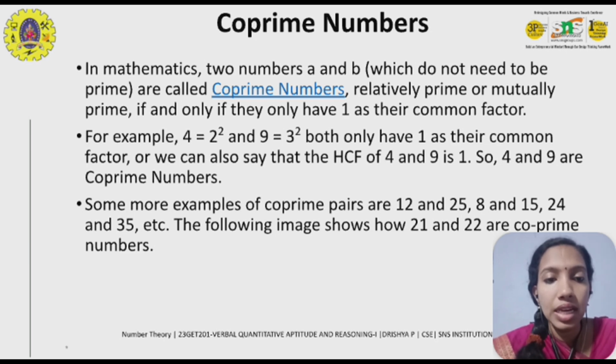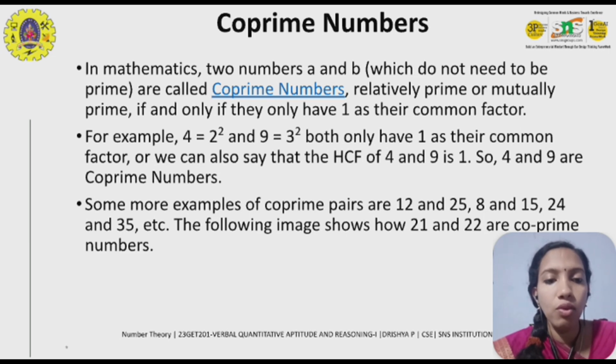Numbers are co-prime, relatively prime or mutually prime, if and only if they only have one as their common factor, which means two numbers a and b whose GCD, greatest common divisor, is 1. Those numbers are together known as co-prime numbers. For example, 4 equal to 2 square and 9 equal to 3 square.